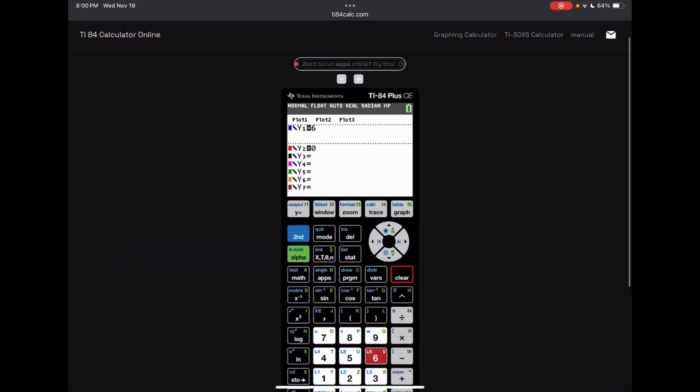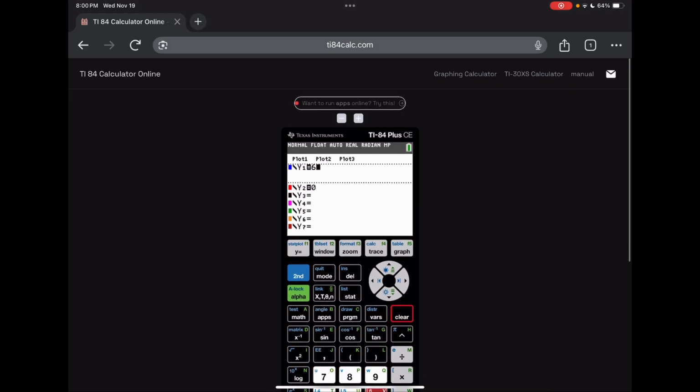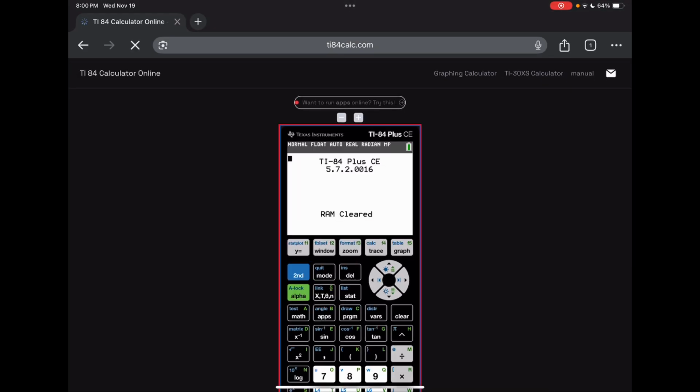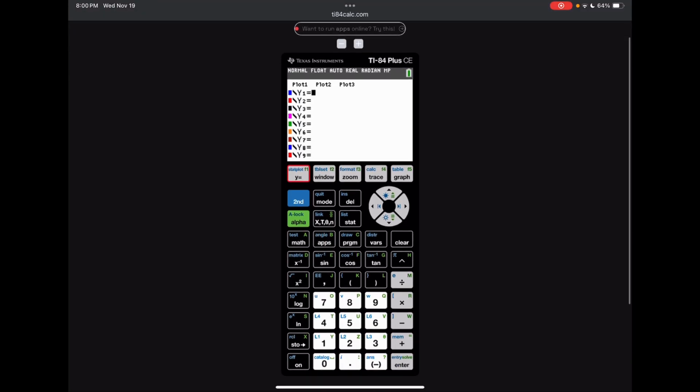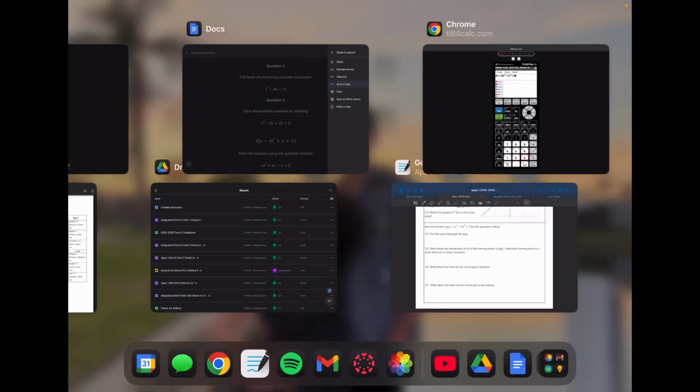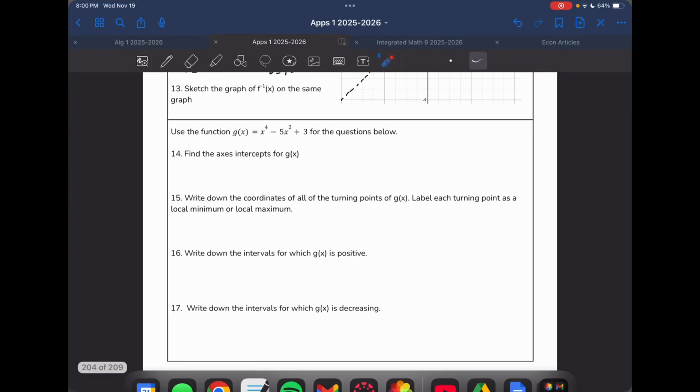Let's refresh this. This isn't working super well. X to the fourth minus 5x squared plus 3. Is that the right function?